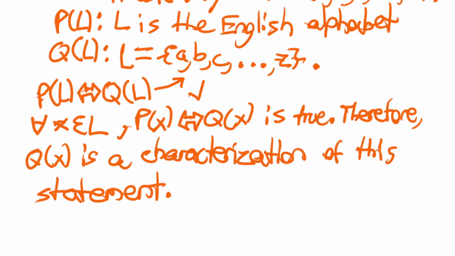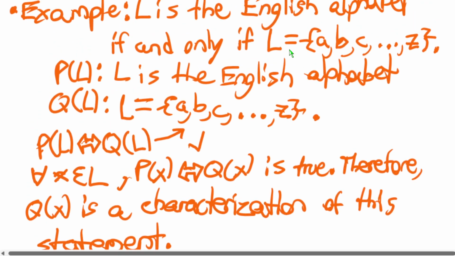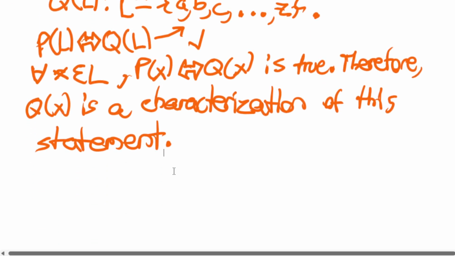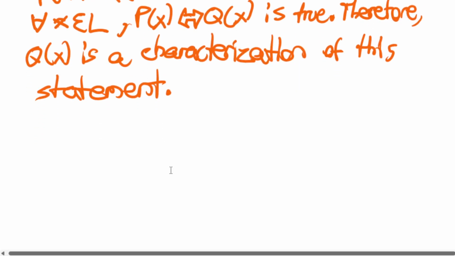And so basically we can just state Q of L, L is the 26 letters, and that can just automatically imply that it's the English alphabet. And that's a characterization. So that is it for the Section 2 lecture notes.